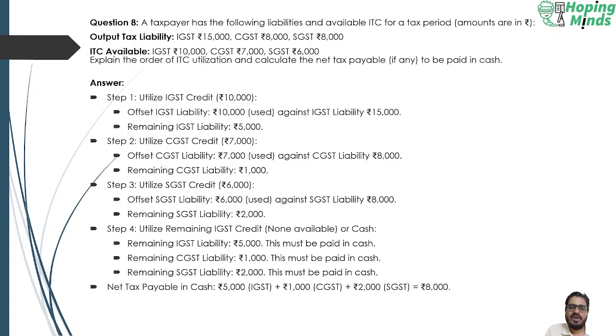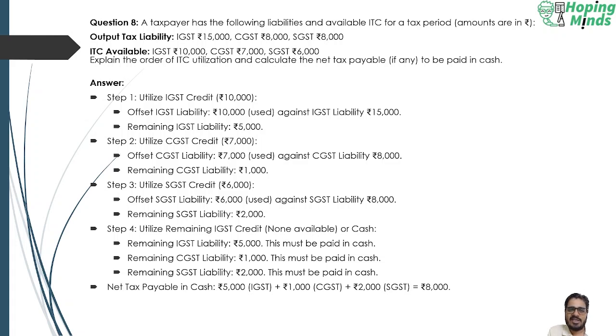So in step 4, we have to utilize the remaining IGST credit amount, that is 0. No input tax credit is available under any of the heads, and we have to pay the balance amount in cash. So the tax liability after setting off the IGST input tax credit under the IGST head is rupees 5,000. We have to pay this in cash.